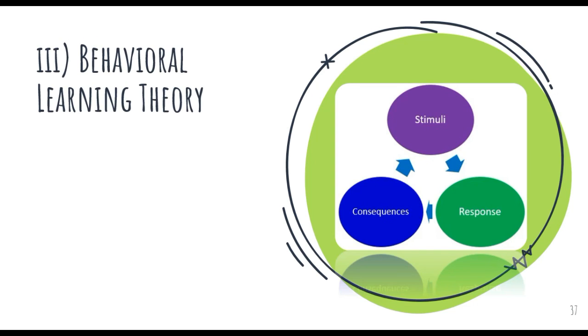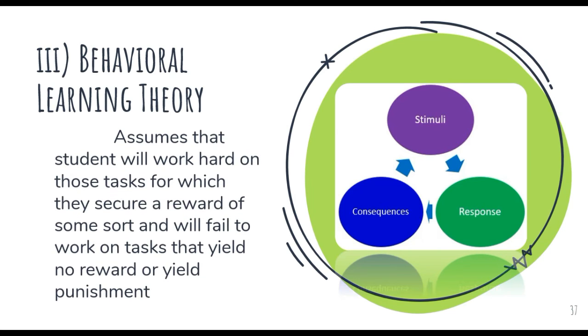So the third one is behavioral learning theory. According to Professor Hemlata Sharma Priyamvad, behavioral learning theory assumes that students will work hard on those tasks for which they secure a reward of some sort and will fail to work on tasks that yield no reward or yield punishment.